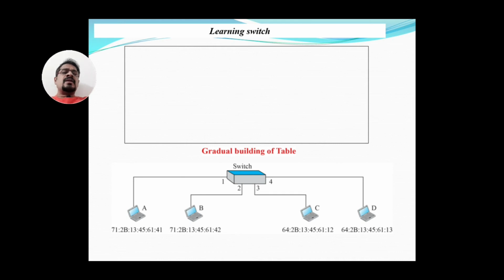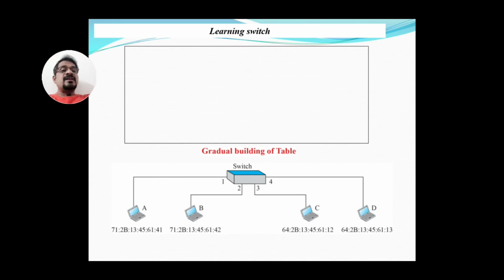Because we may change the number of devices, increase or decrease them, it has to update the switching table so that it can forward the information to the designated destination.